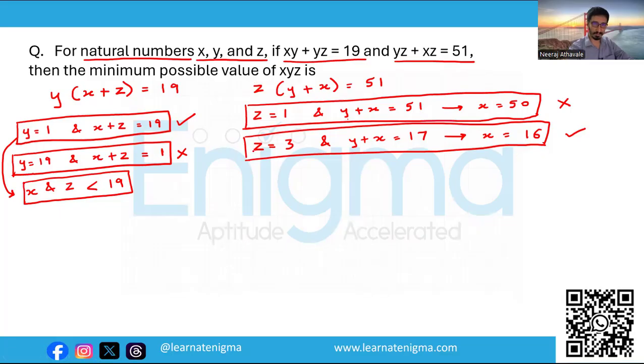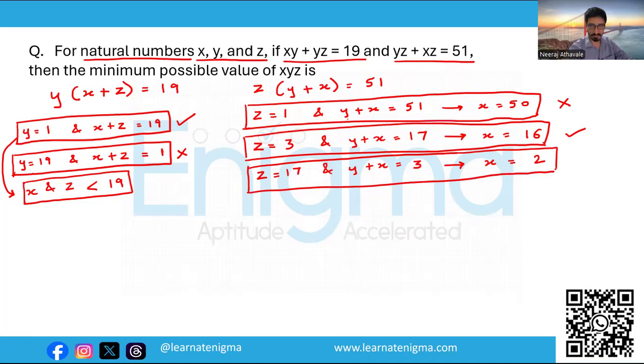Next case, z is equal to 17 and y plus x is equal to 3. Now y is 1, therefore x is equal to 2.